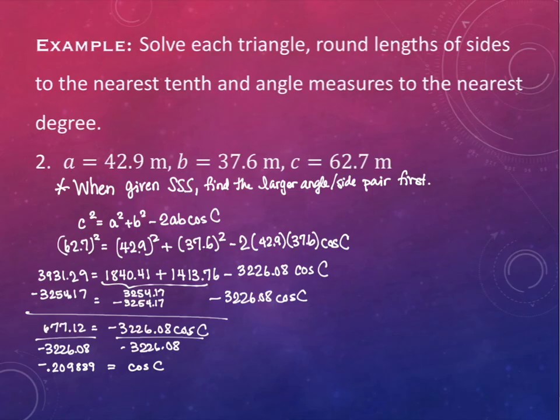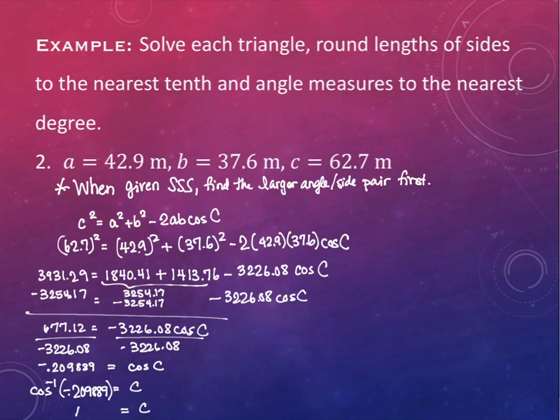So C will be the inverse cosine of negative 0.209889, rounded to the whole number, no decimals. My inverse cosine of 0.209889. I didn't get a negative in there. Make sure you get your negative in there. Is 102.